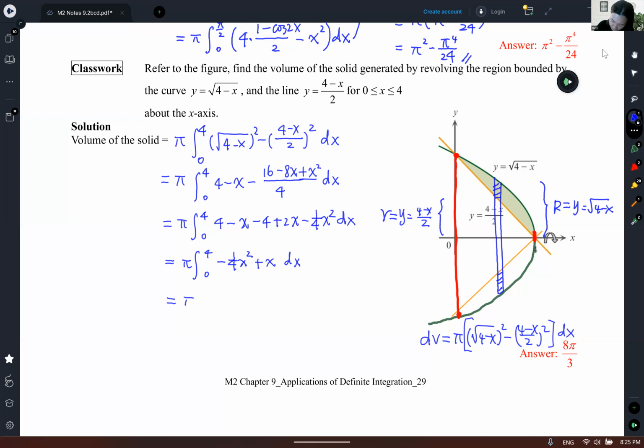And then it's pi from 0 to 4. Integration: this one is negative 1 over 12 x cubed plus 1 over 2 x squared, from 0 to 4. That will be negative 1 over 12 times 64 plus 1 over 2 times 16.